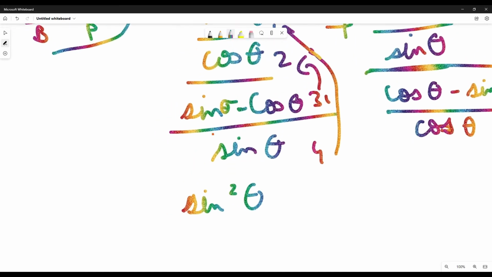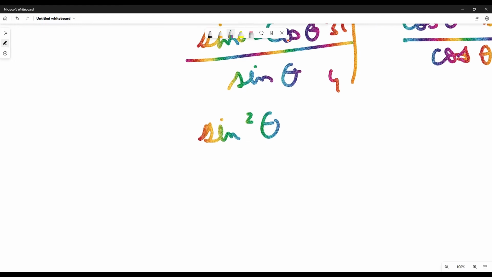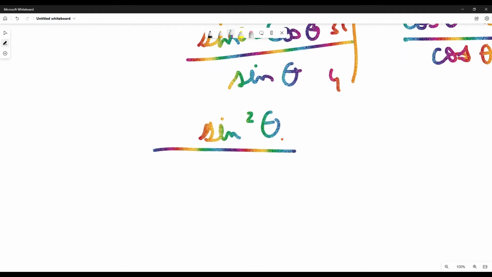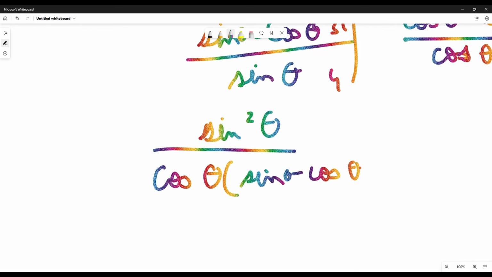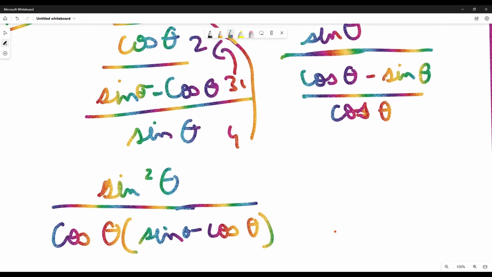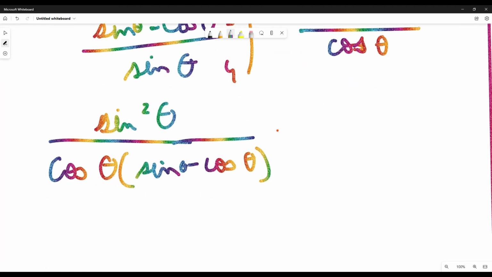Then we have cos theta multiplied by this. Let's just multiply, and that was plus.